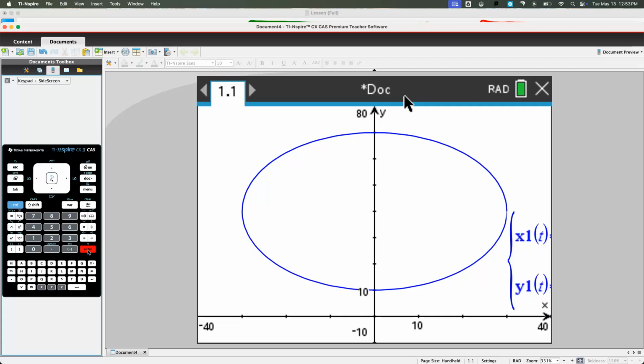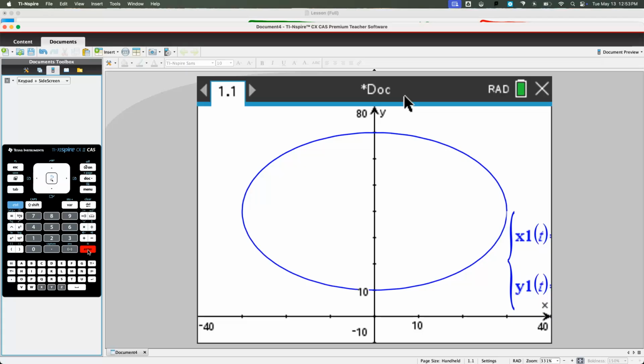Now, when I graph it, it doesn't look very circular. Okay? And that's because of the aspect ratio of your viewing screen or of the calculator. It's not a perfect 1-to-1 aspect.